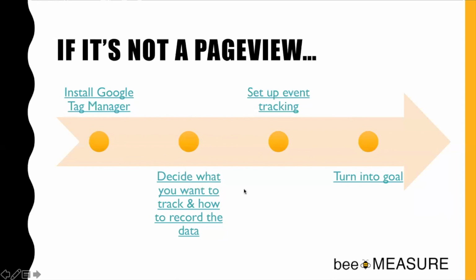It is, however, a bit complicated, and it involves using another program called Google Tag Manager, which you have to install separately. And we're not going to cover that today, but these are some links to the Google documentation that will help you get started if you want to go that direction. However, you're also more than welcome to reach out to me. This is largely what I do for clients, is get this up and running for them.